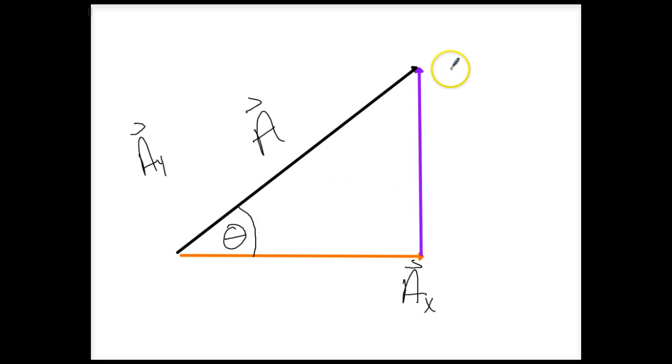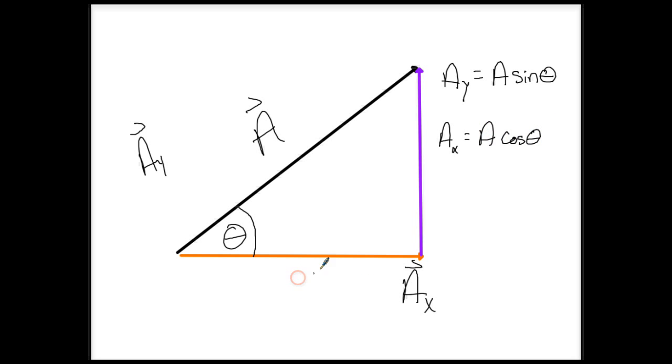So just by doing some right triangle trigonometry, we can find that A sub y is going to be equal to A sine theta, the magnitude, and that A sub x is going to be equal to A cosine theta, because here's my adjacent side. Here's my hypotenuse, SOHCAHTOA, I get the cosine.